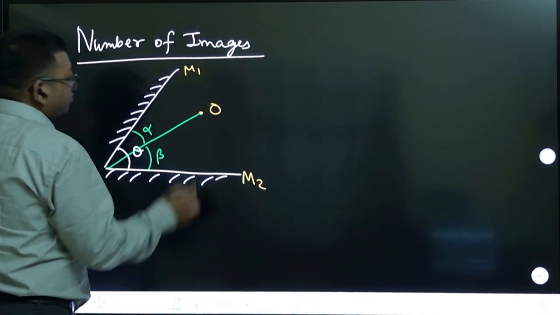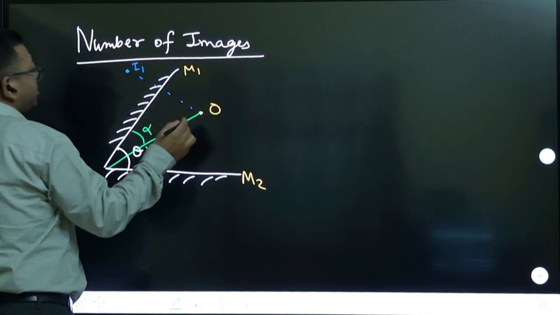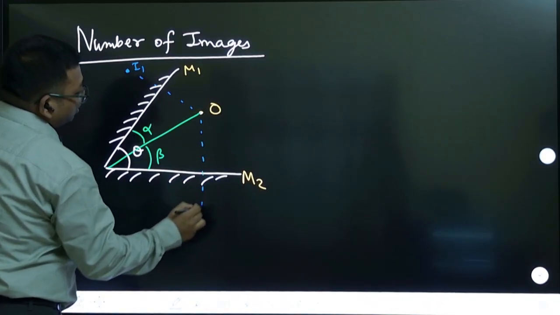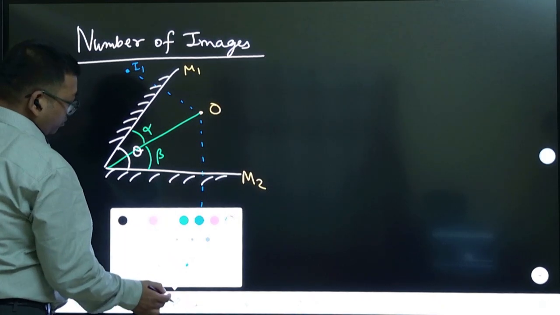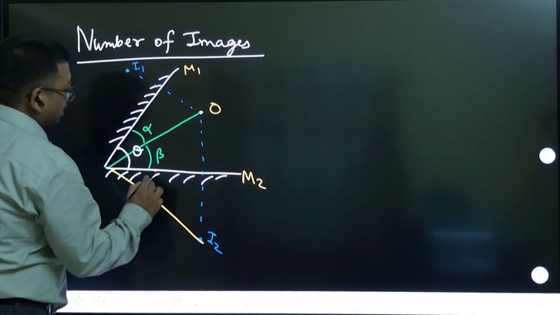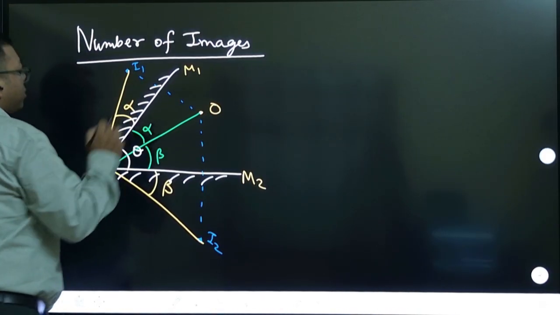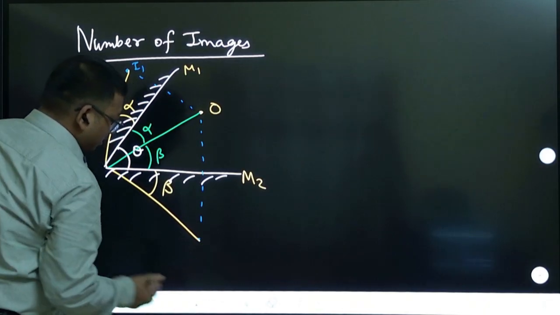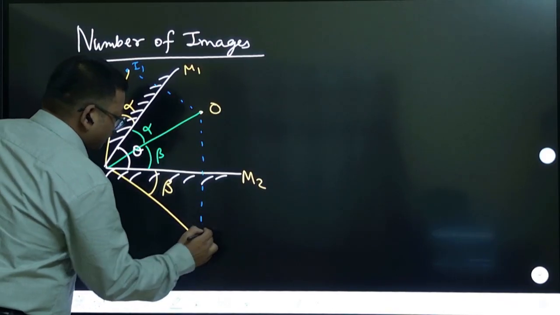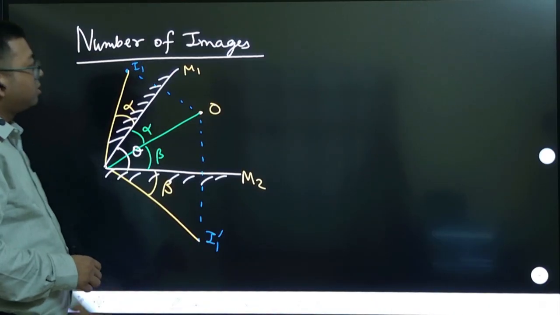So what happens? The first image is formed here in the first mirror. Let us say this is the first image, I1. Then an image is formed here in the second mirror. Note that when you make symmetry, this angle will also be beta. Due to symmetry, this angle is also alpha. Let us call this I1 dash, which means the first image in the second mirror.